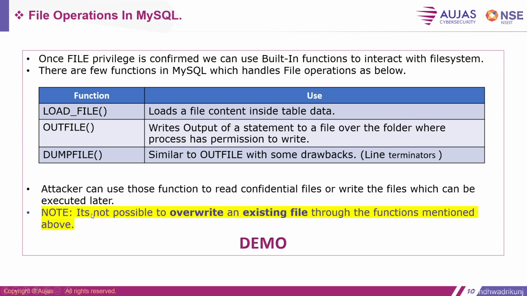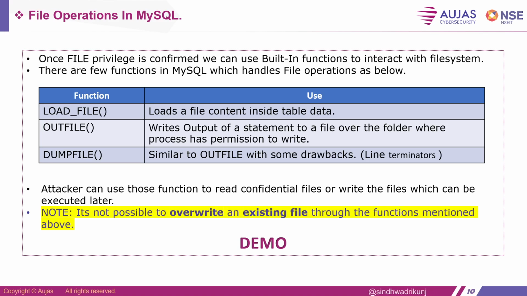Also, it is important that it is not possible to overwrite an existing file through the functions mentioned above. Out file or dump file will not be able to overwrite an existing file. So if you are thinking MySQL is running with root, I can just replace the etc shadow file for Linux or the SAM file for Windows, that will not work at all. It is not designed to overwrite any file inside the system. So you just have to take care of it.